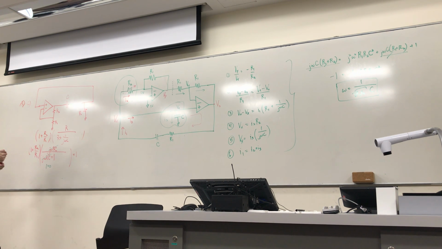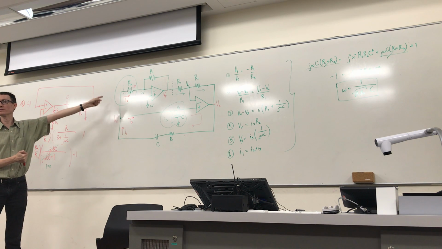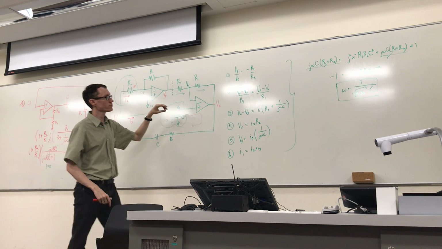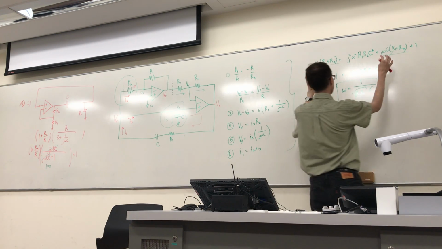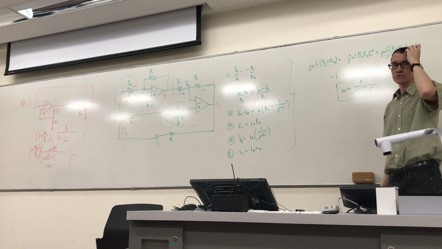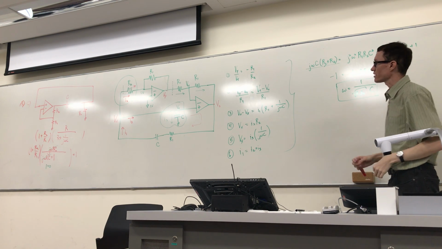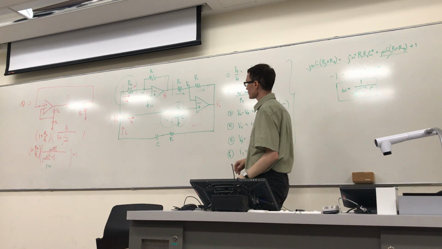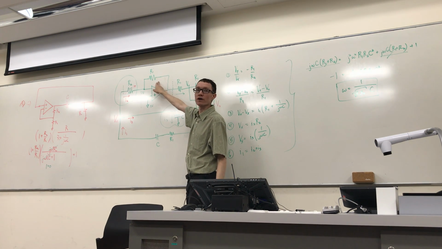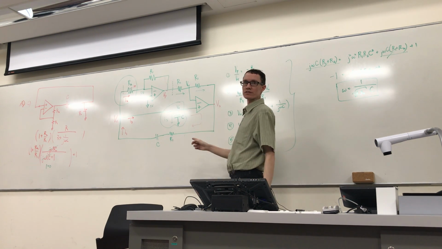So it's like a Wien bridge oscillator with kind of an automatic gain control built into it. So you can adjust R2 all you want, and the imaginary parts still cancel out. So this oscillator works really well. If I were going to build it, I would probably make this one a little bit bigger than R1 because you need a little bit higher gain in order to get it started.